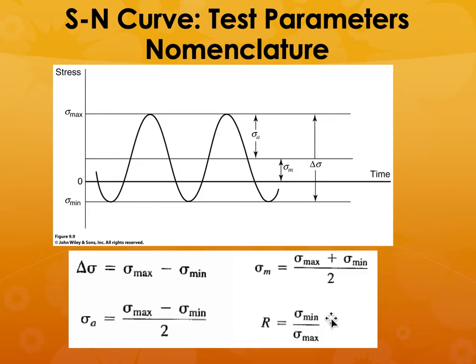Or you might also have a ratio of the minimum over the maximum. So sometimes you might have a ratio of 0.1 and things like that. So these are some of the parameters that you would use for determining the fatigue life.